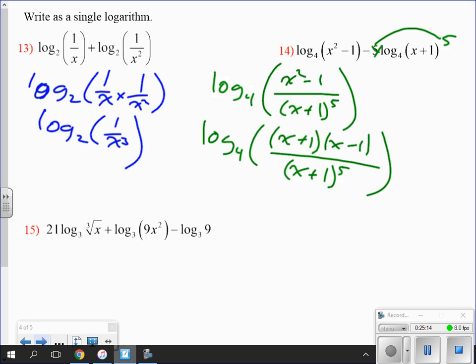You can, however, and should, factor your x squared minus 1. x plus 1, this power reduces by 1, so log base 4 of x minus 1 over x plus 1 to the 4th power.